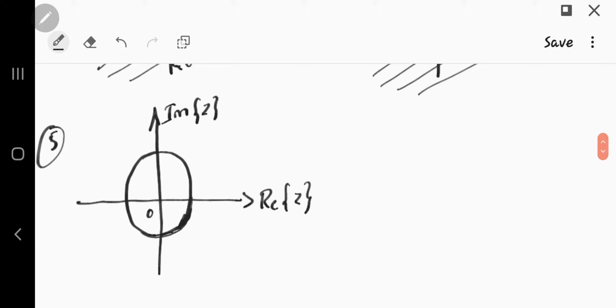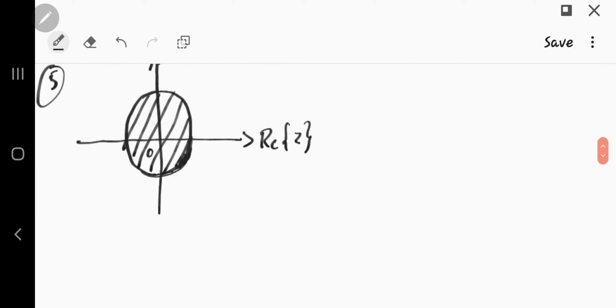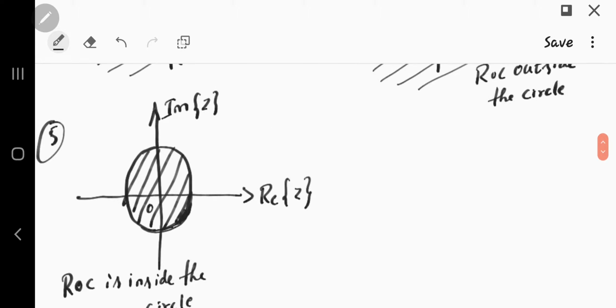In this case, for a negative time sequence, the ROC will be inside the circle. I am marking that for the positive case the ROC is outside the circle, and here the ROC is inside the circle. Why? Because it is a negative time sequence.